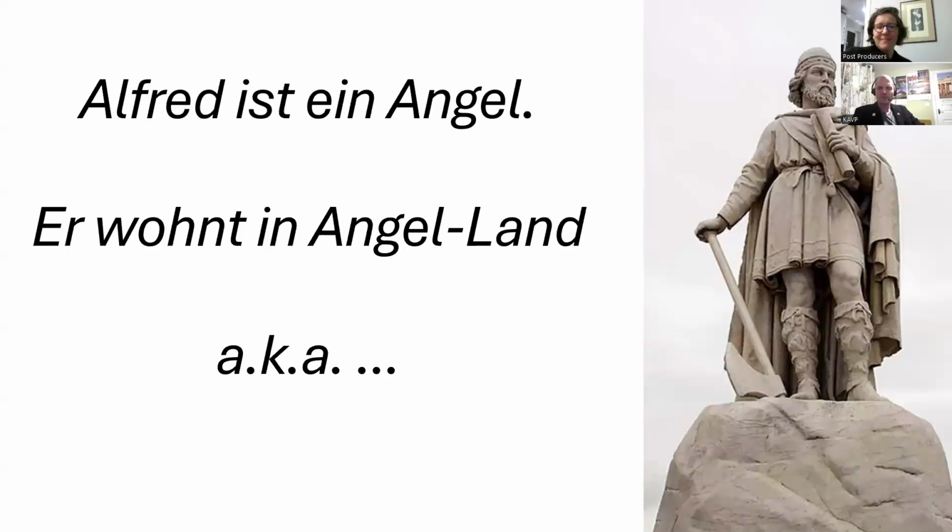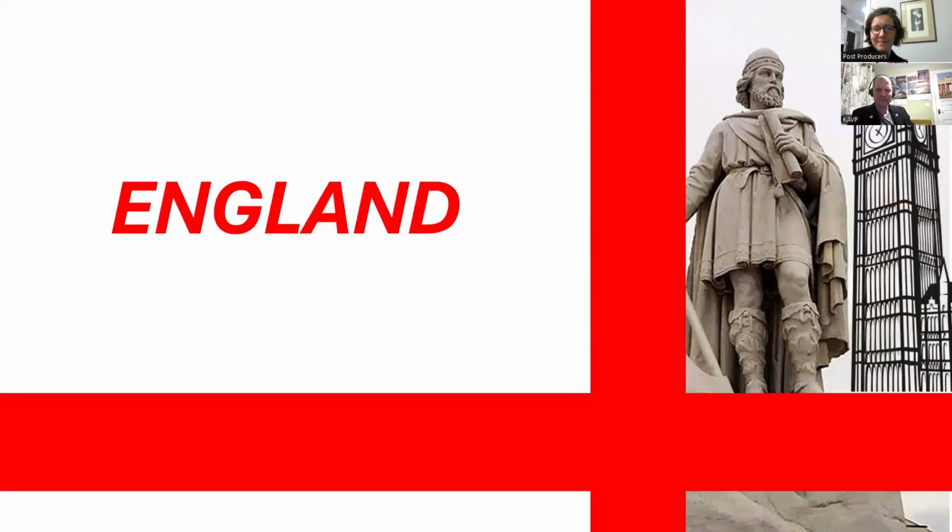So, I was asking the question in the beginning, what does England actually mean? Let's use this. We know that Alfred ist ein Angel. He united all the Germanic tribes and started to create a new nation that one day would become Angelland, or for short, if you haven't worked it out yet, England.